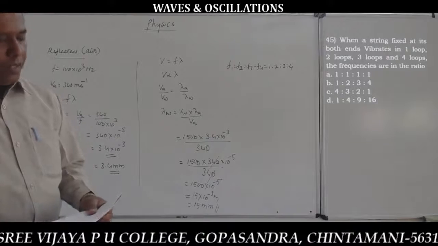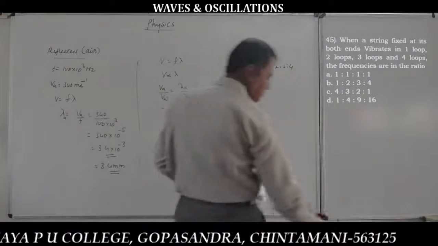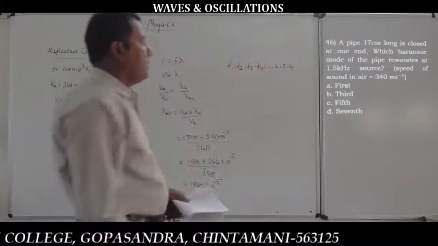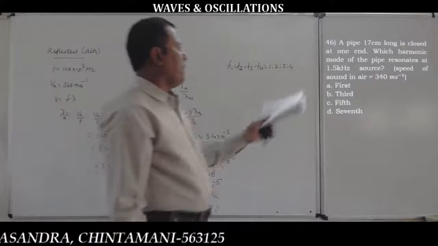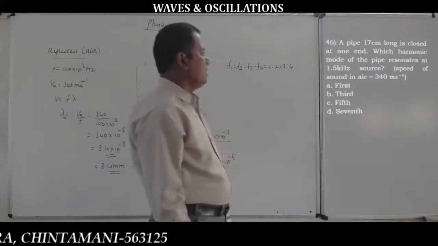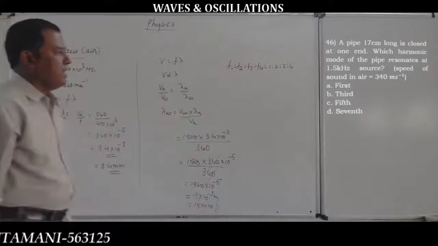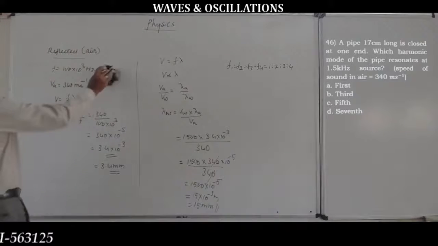Question number 46. A pipe 17 centimeter long is closed at one end. Which harmonic mode of the pipe resonates at a 1.5 kilohertz source? Speed of sound in air is 340 meter per second.